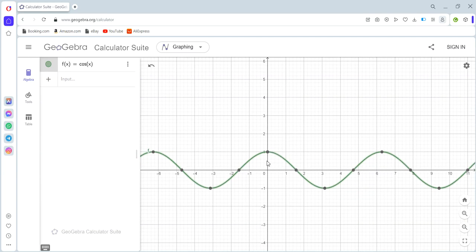So this function is symmetric about the y-axis because this point is the same as this point, but this is positive and this is negative. You know, these numbers are in radians, not in degrees, because they are numbers 1, 2, 3, 4. So this function is symmetric about the y-axis.